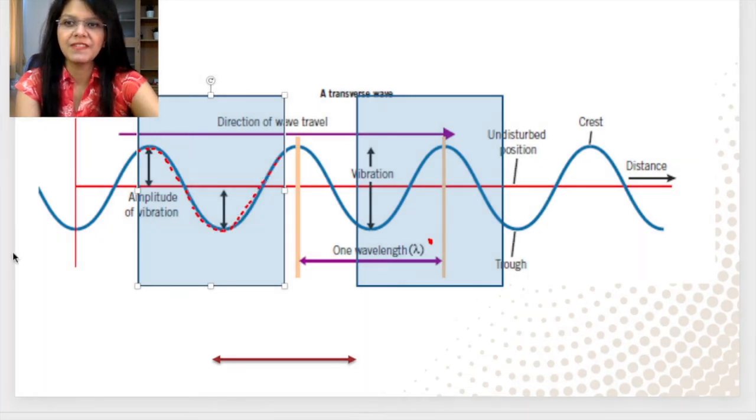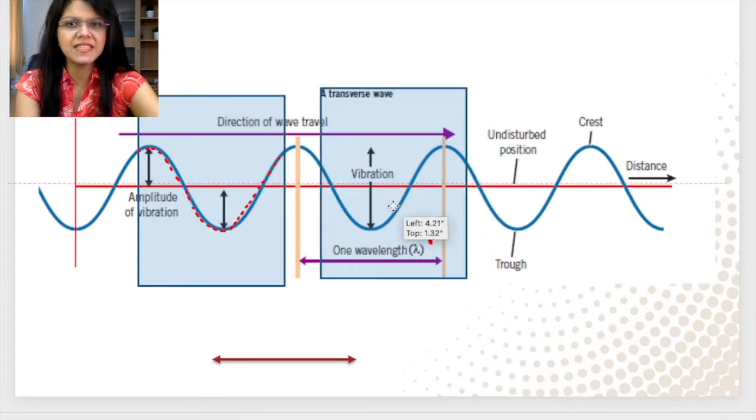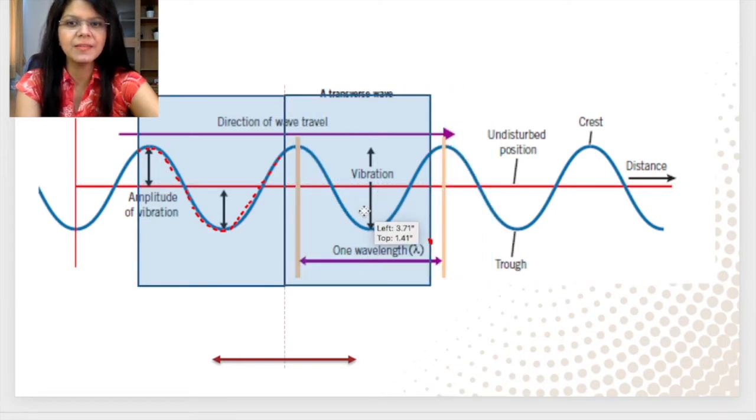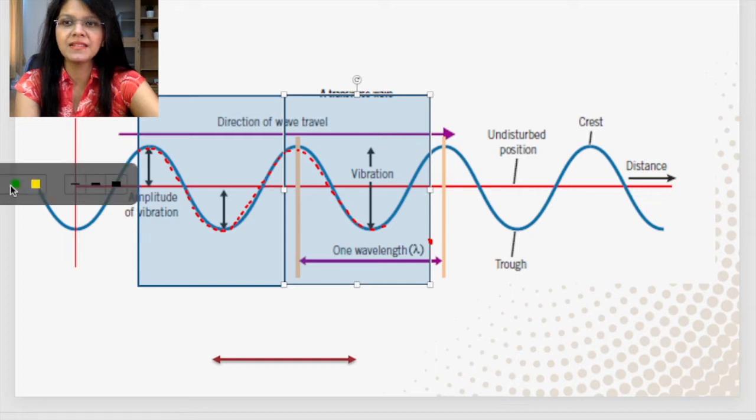And if we put the next box just adjacent to it, look at the pattern inside this next box. It is also precisely the same pattern. The same pattern is getting repeated again and again.